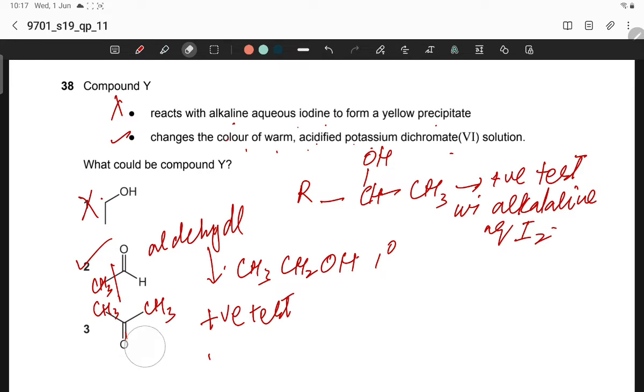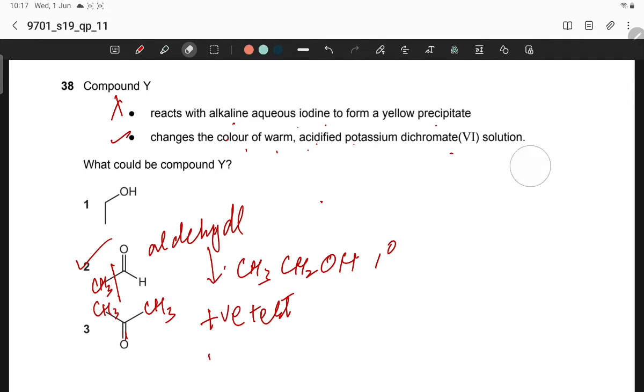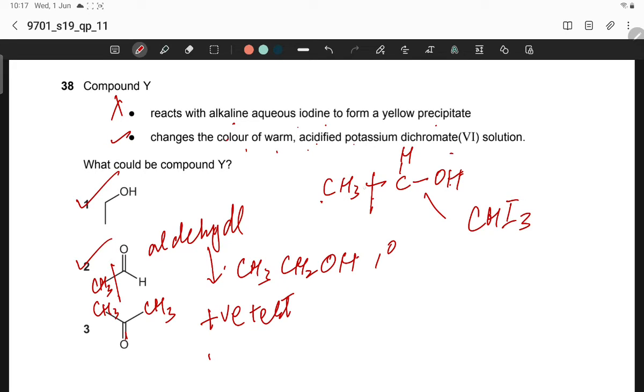Sorry, this is CH3CHOH. This will give a positive test because this OH is attached with CH3, so it will give CHI3 and also changes into carboxylic acid CH3COOH and changes the color of warm acidified potassium dichromate solution as well as reacts with alkaline aqueous iodine to form a yellow precipitate. So 1 and 2 are correct.